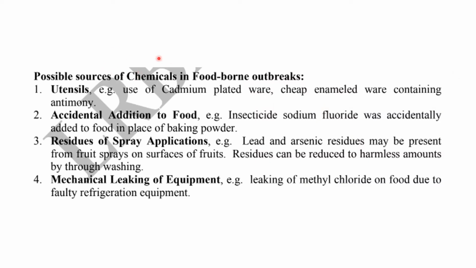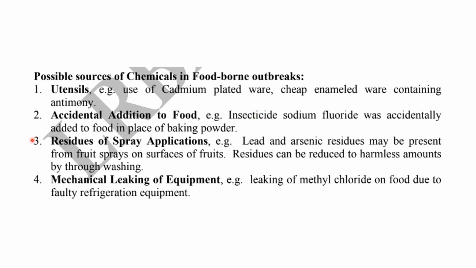So in cases of chemical foodborne poisoning or food poisoning, these may be possible sources. So as previously mentioned, mga utensils, mga plated utensils, which may have cadmium or antimony. So accidental addition to food, mga insecticides, such as those that contain sodium fluoride. That's why it is important that mga insecticides, pesticides, and rodenticides must be brightly colored and must be labeled properly and stored properly.